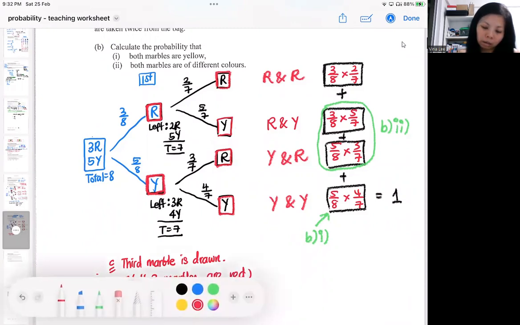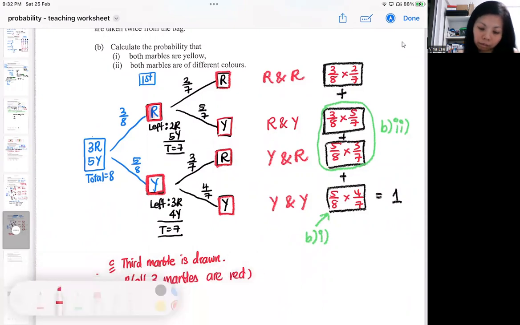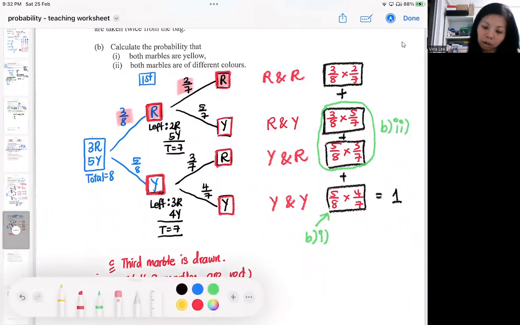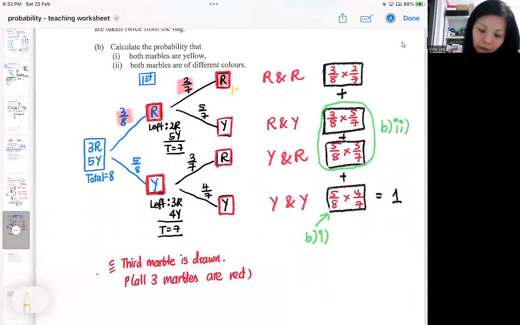You already have the 2 red. So you might want to explore what is left in your bag. If you're not returning the second red, you are actually left with 1 red and 5 yellow.